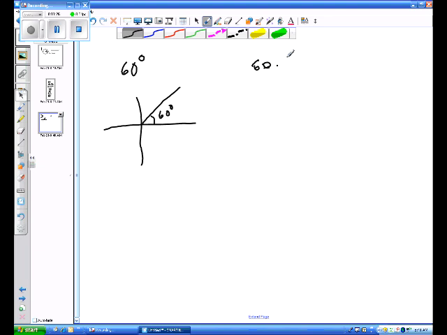But we'll multiply 60 by pi over 180. And 60 goes into 180 3 times, so it's pi over 3. So our reference angle is pi over 3.